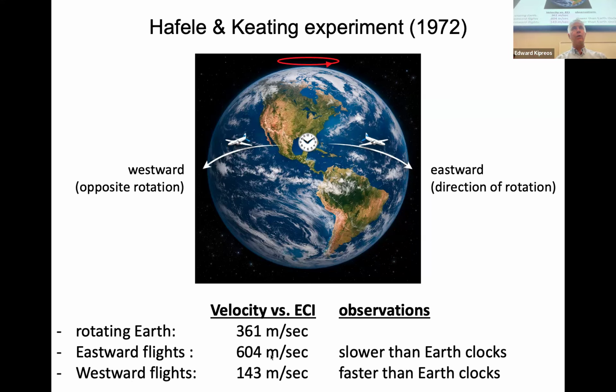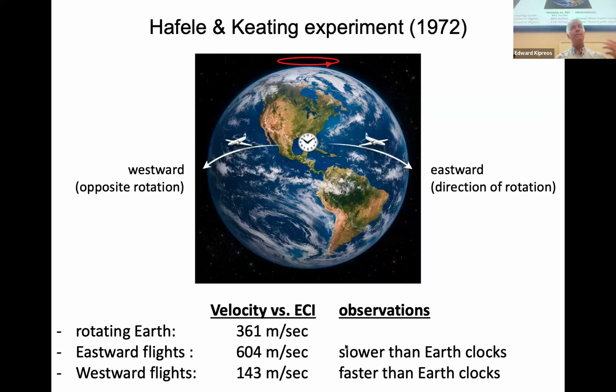The eastward flights are going faster because the Earth is rotating and the flights are going faster in that direction. So that was 604 meters per second. And the westward flights are slower because while the Earth is turning relative to the ECI, they're actually going in the opposite direction. So that was 143 meters per second.